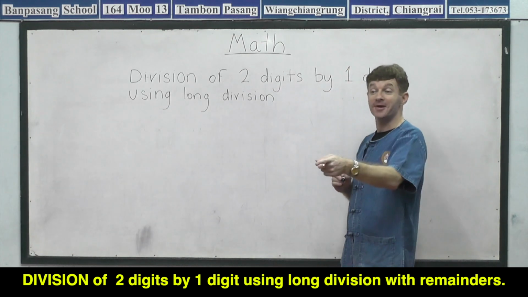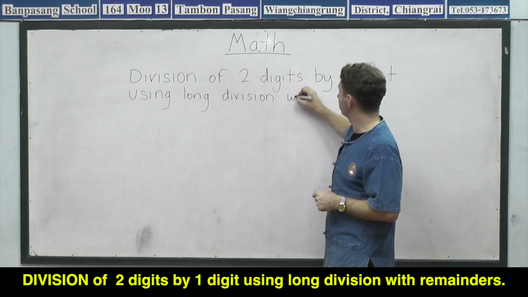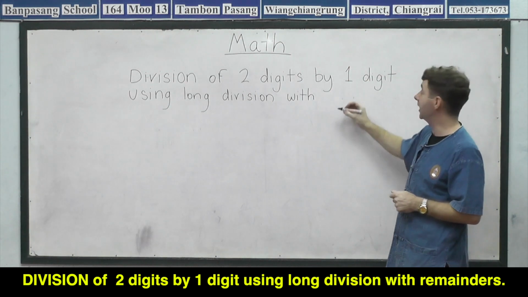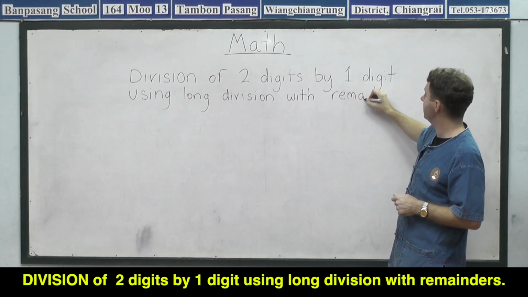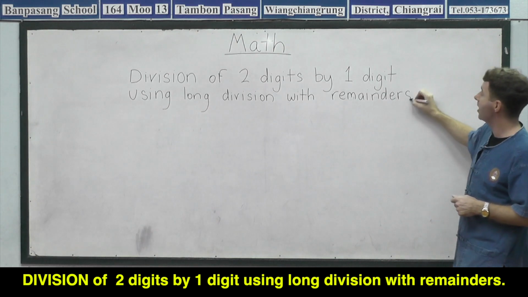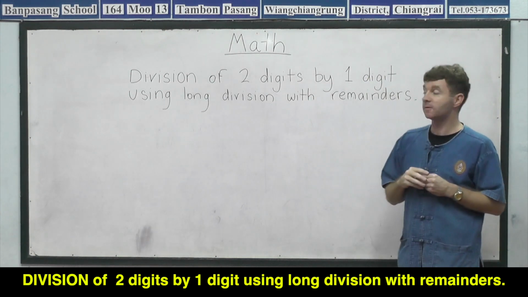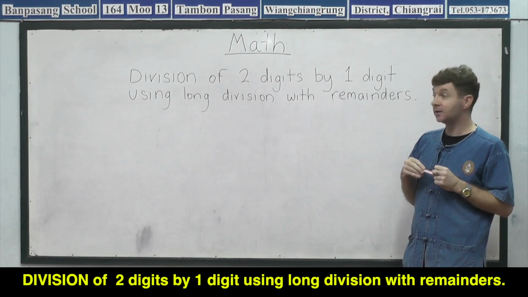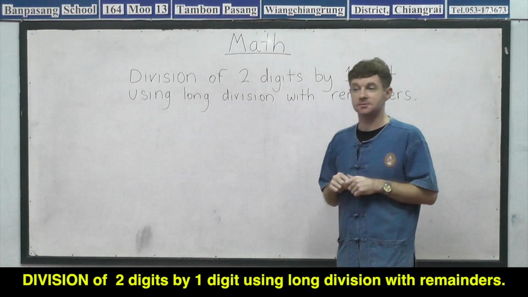And then that word I've already heard, with remainders. Excellent. W-I-T-H. With remainders. R-E-M-A-I-N-D-E-R-S. Division of two digits by one digit using long division with remainders.